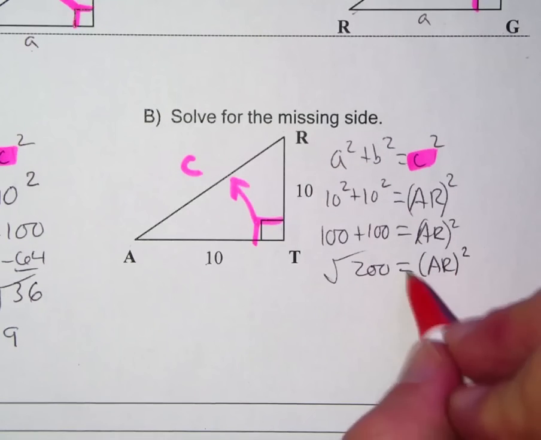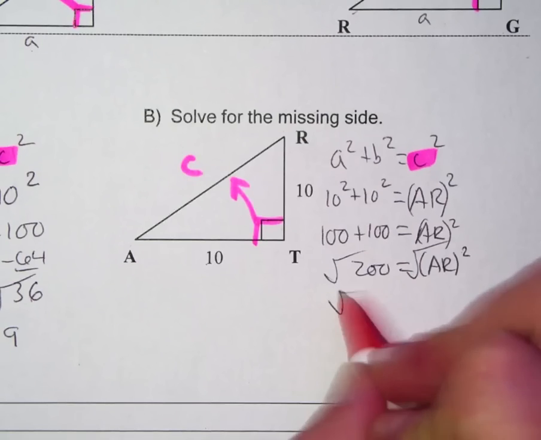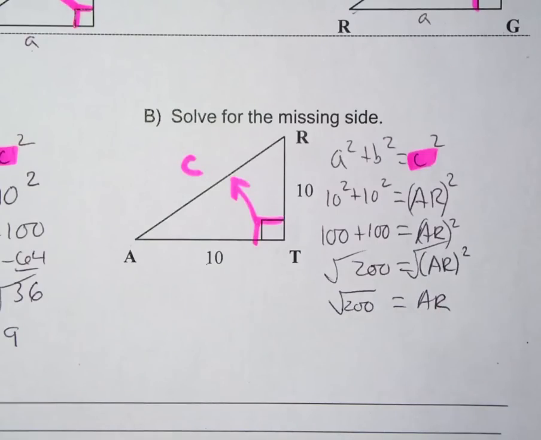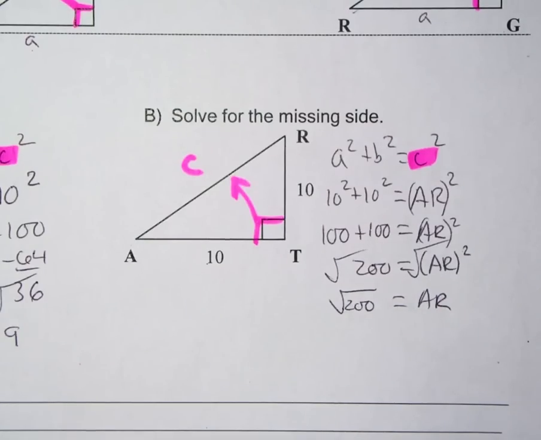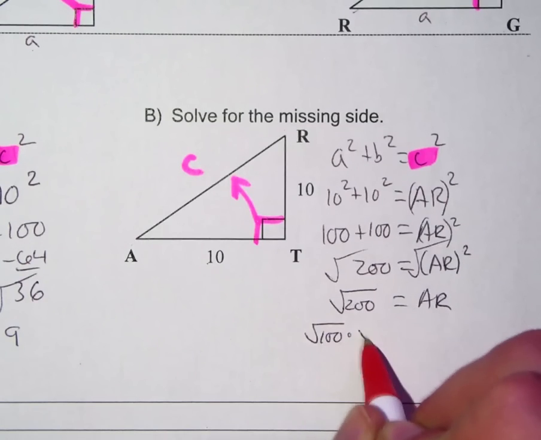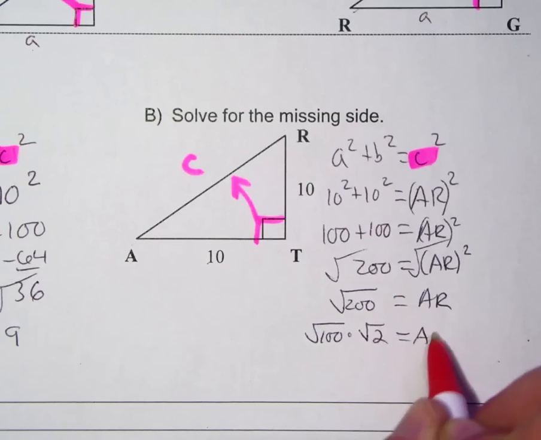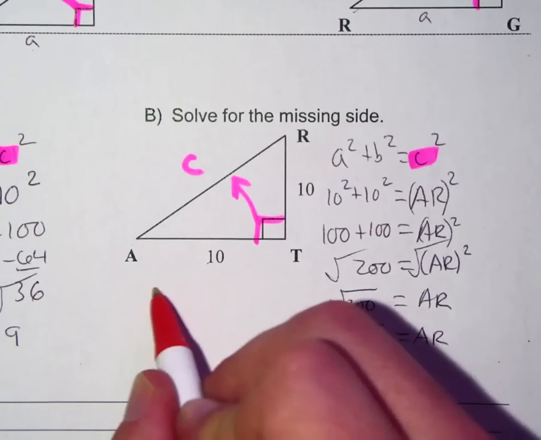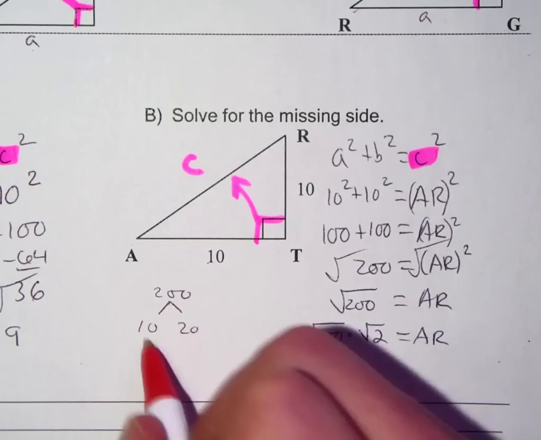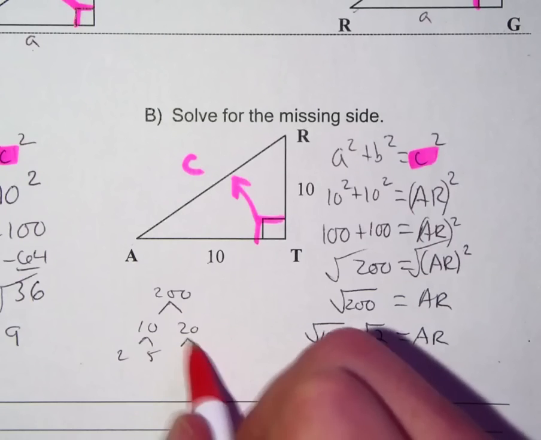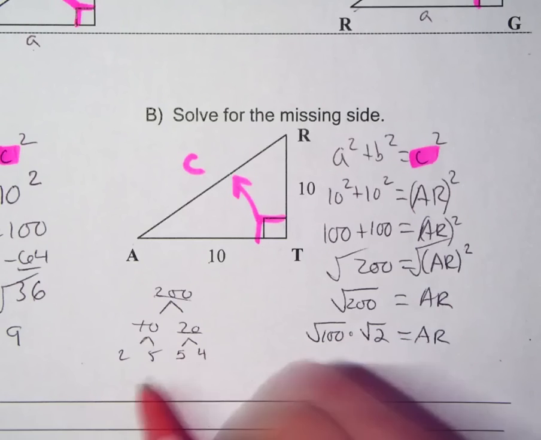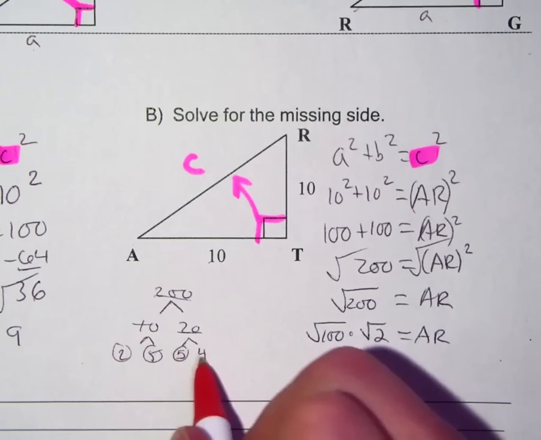Now if I square root both sides to undo the squaring, I get the square root of 200. But that's not my final answer. I can reduce this. We need to use our lessons from reducing radicals. You can rewrite this as square root of 100 times square root of 2. If you have trouble with that, you can take the 200 off to the side and figure out what times what, maybe 10 times 20, 2 times 5, maybe 5 times 4, and you can start seeing the perfect squares that appear.